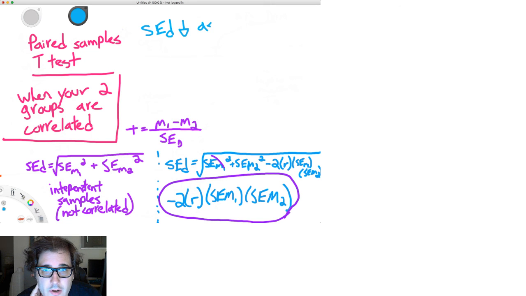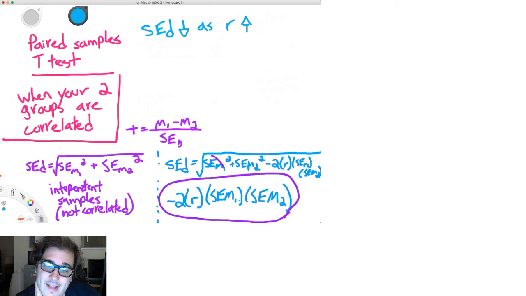The more related your two groups are, the less variance there is in the difference between the two means. So if R is 1, then this is 2 times this. If R is 0.5, then this is 1 times this, right? If R is 0.25, then this is a half times this.